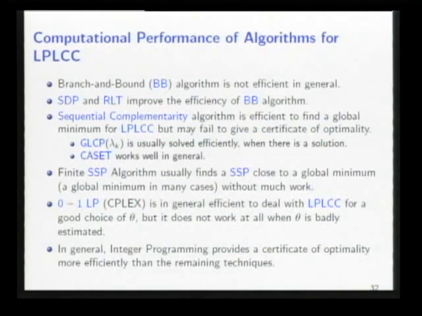You have to tune the theta, and tuning the theta is not so easy. But a very interesting conclusion is that this integer program usually gives a better certificate of optimality, which means that you can combine the integer program with the sequential one. This is what we have been doing lately, combining these two.